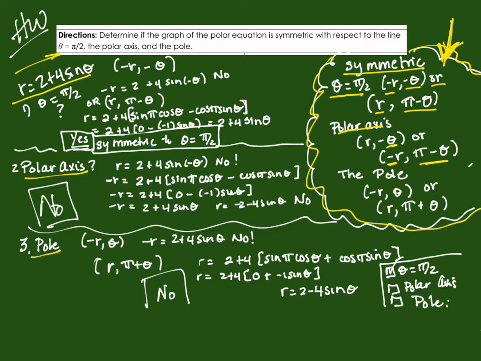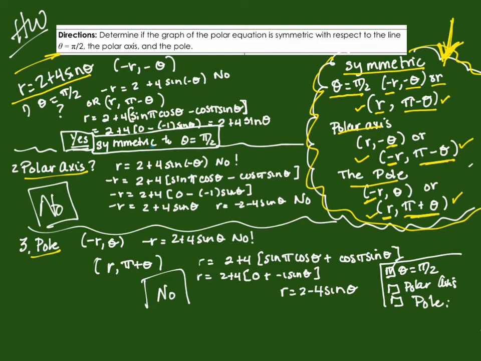For the pole, you change r to negative and keep theta the same, or use r positive and theta plus pi. So that's what you have to memorize in order to know the or parts of each symmetry.